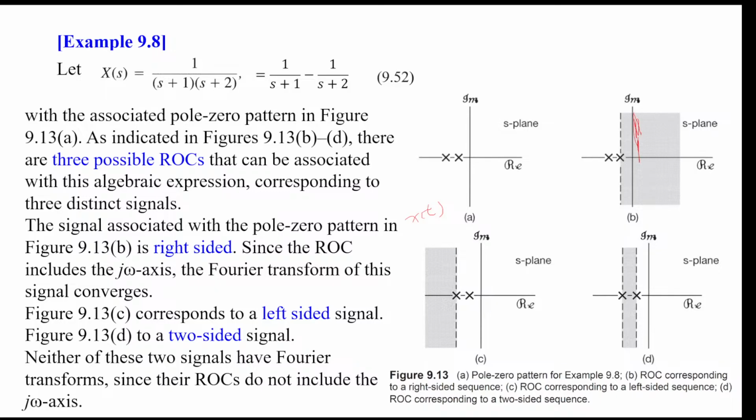Whether the ROC includes this j omega line determines whether the time-domain function has a convergent Fourier transform. So this function should have a convergent Fourier transform, and those other two functions should not.